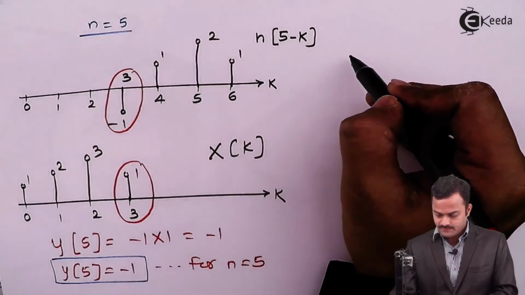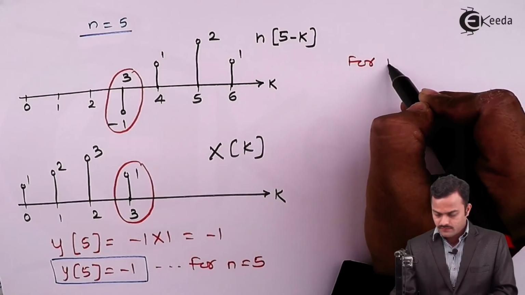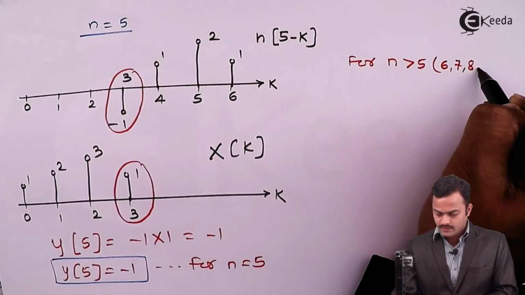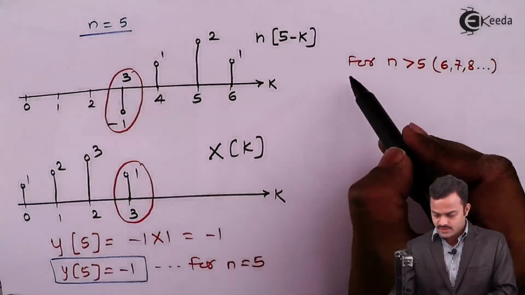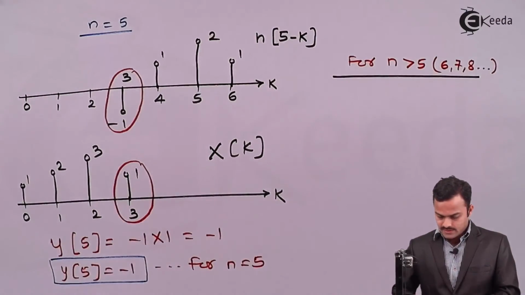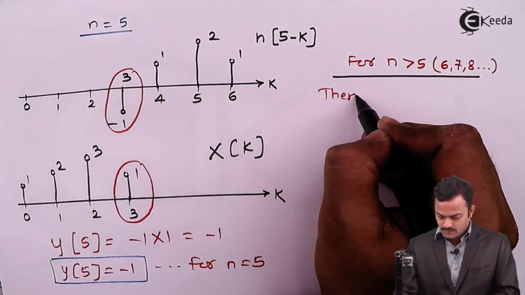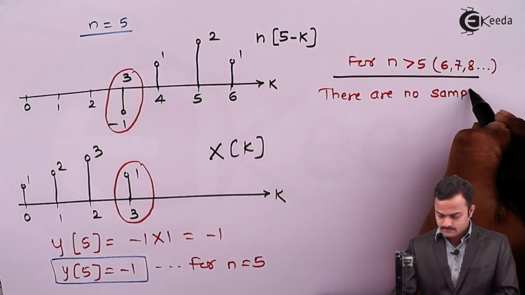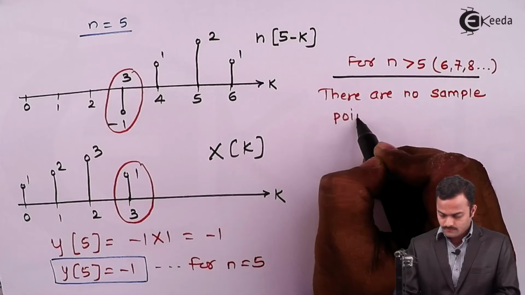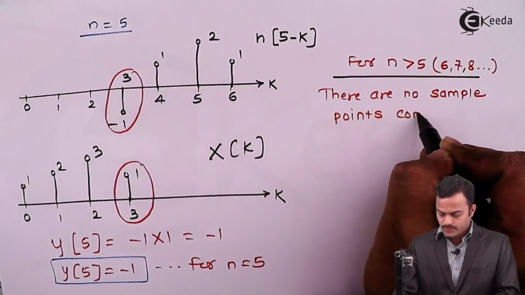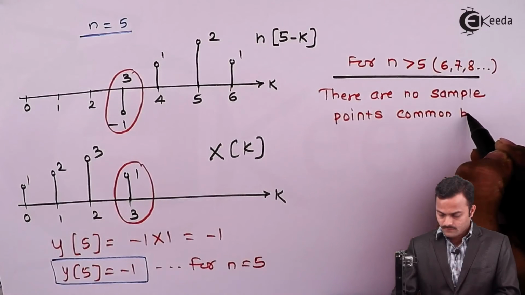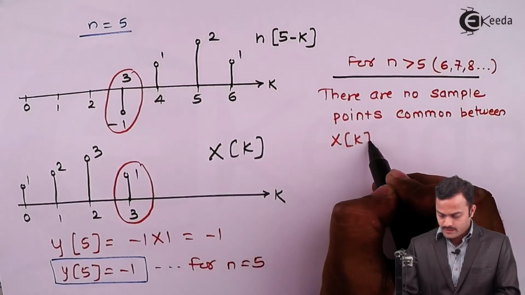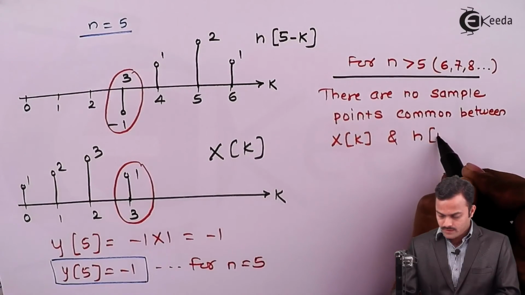So for the range n greater than 5, that means 6, 7, 8 likewise, there are no sample points common, or you can say overlapping, between x of k and h of n minus k.